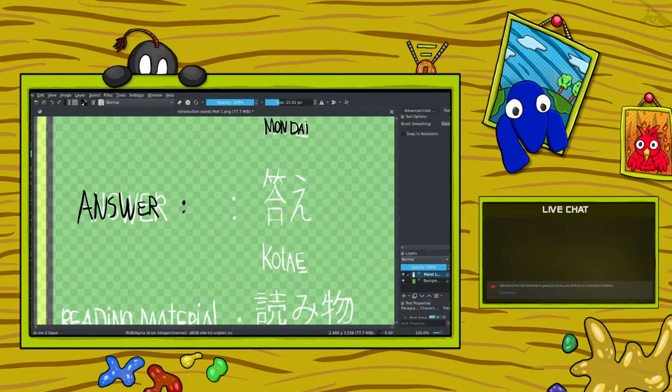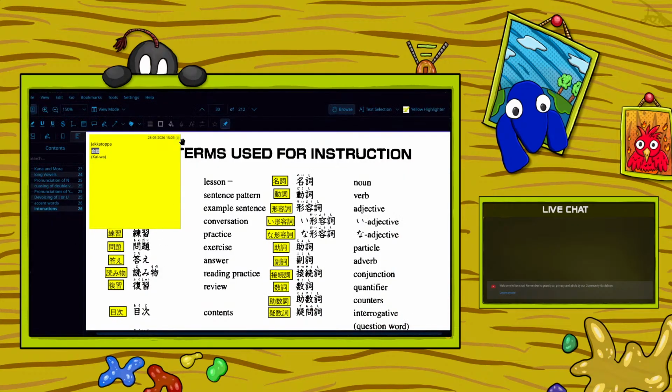Answer is, of course, kotae, kotaye. Hold up, I need to make sure that I see this one in the book. Fine. Time to double check this in the book. The answer. Kotaye.